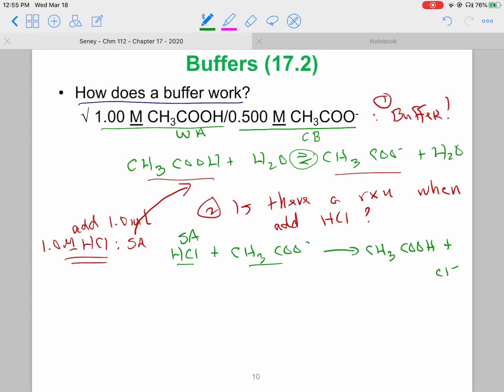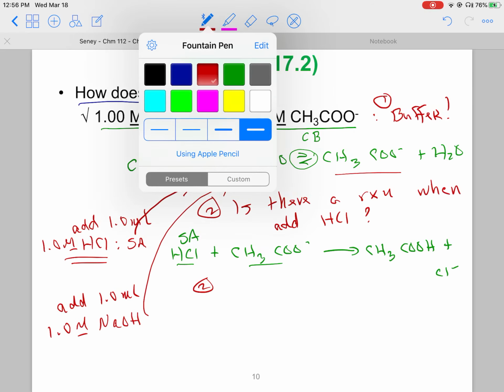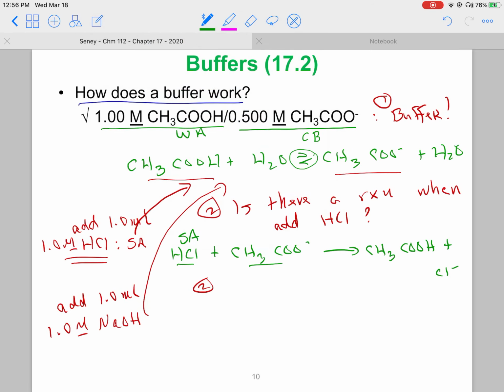Conversely, if we add a strong base, say 1 mL of 1 molar sodium hydroxide to the solution above, is a reaction going to take place? Well, we have a strong base. What does it look for to react with? That's right, an acid. So we've got sodium hydroxide wanting to react with an acid, and we've got acetic acid here.